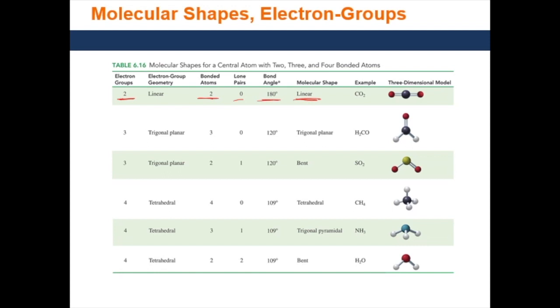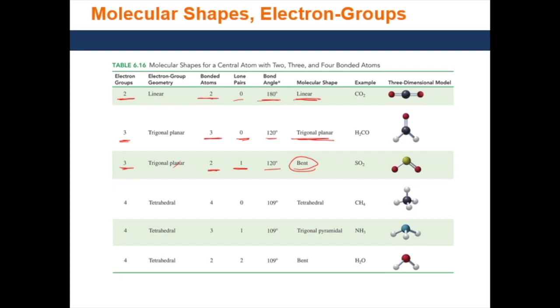If it is three groups, there are two possibilities. If three of them are bonds, with no lone pair, it is called trigonal planar. Angle is 120. If it is three electron groups, but one of those is a lone pair, it would be a bent trigonal shape, 120 degrees. This is not a planar structure anymore, it is a bent shape.